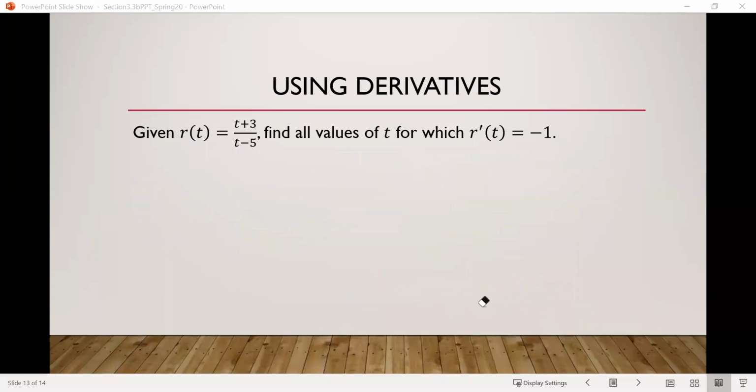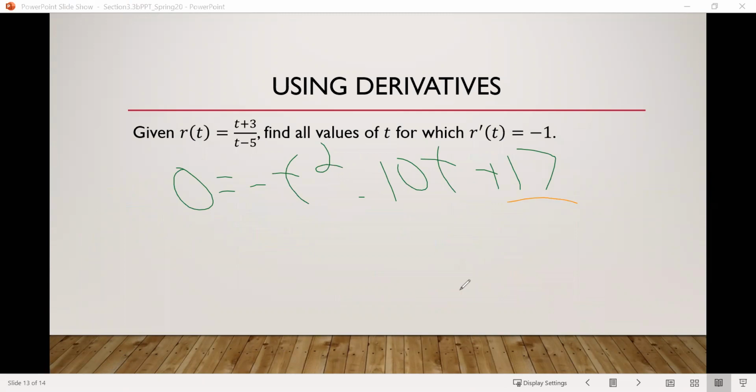If you work out the algebra, I believe you'll have 0 equals negative t squared minus 10t plus 17. And then to solve this, we can try to factor, although this does not look like it'll factor, especially because there's a 17 here. So we can use our good friend, the quadratic formula. And if you do that, I believe you'll end up with 5 plus or minus 3 root 2 as the value for t there.